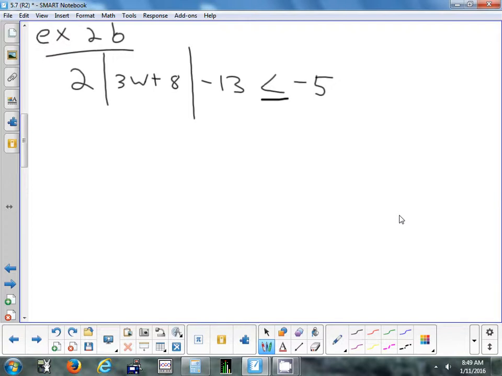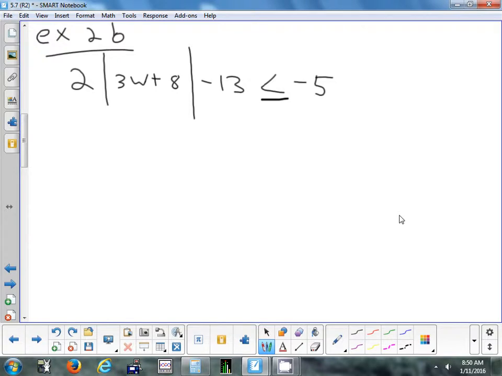Anybody want to take a guess or think about what that first step will be to get the absolute value by itself? Does anybody know? Not yet. You're on the right track, but not yet. Yeah, the divide by 2 is good, but that's going to be the next step. Add 13, right?